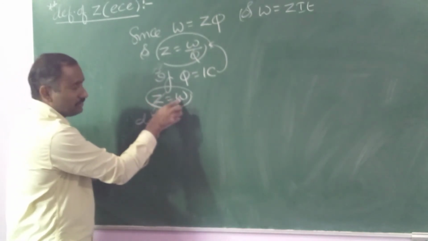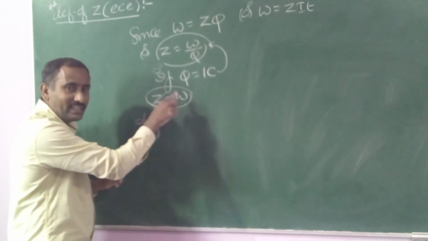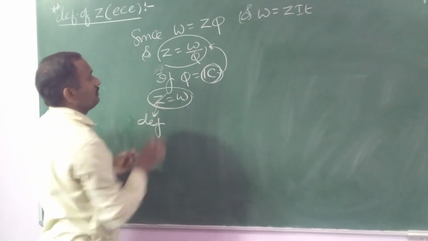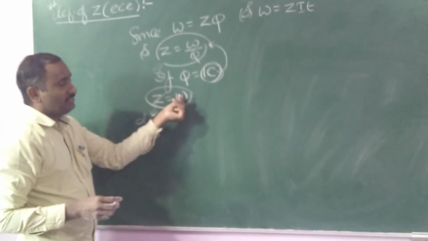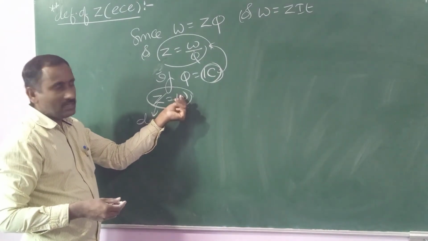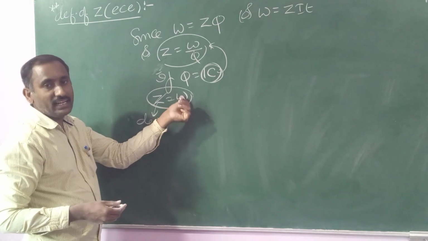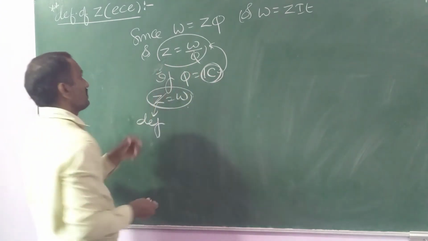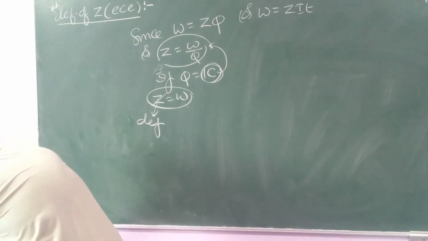Z is nothing but the weight or amount of the substance deposited or liberated at any electrode when 1 coulomb of current is passed. Therefore, what is the definition of Z?